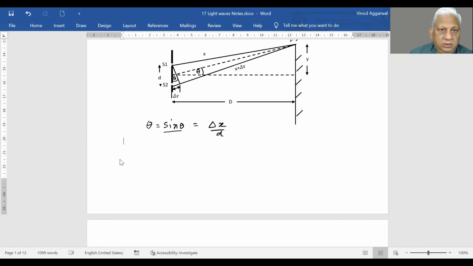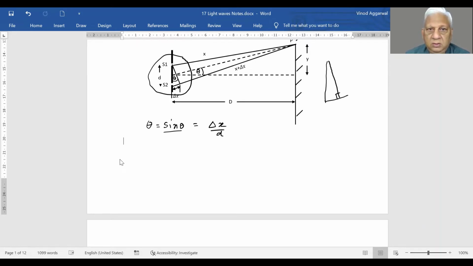If I redraw this area or magnify it, something like this, you have this perpendicular.